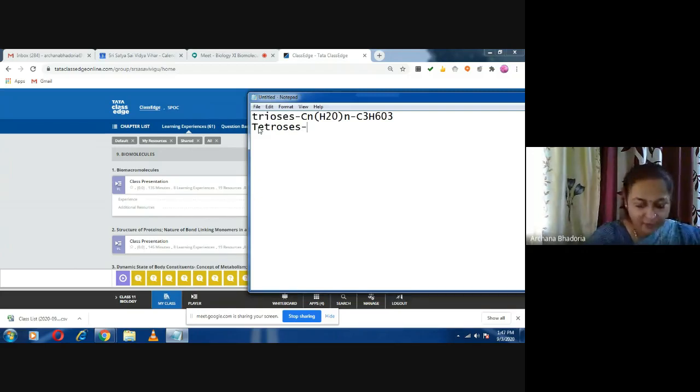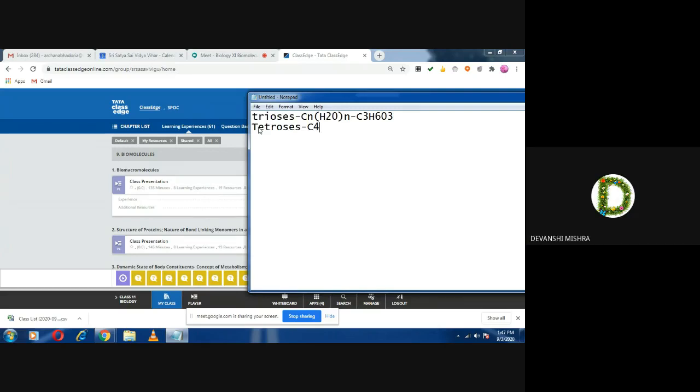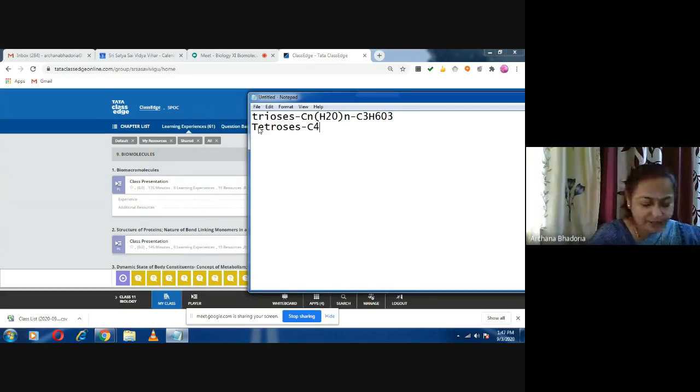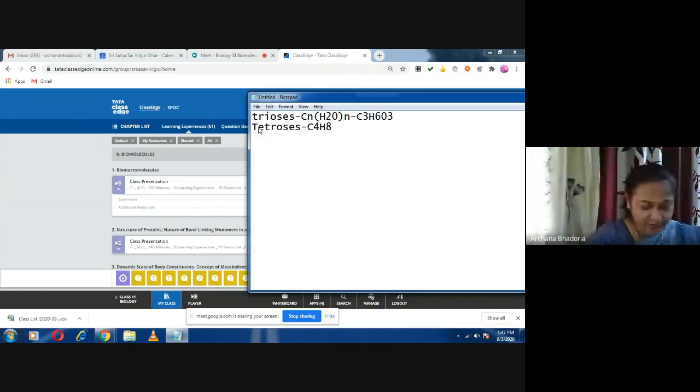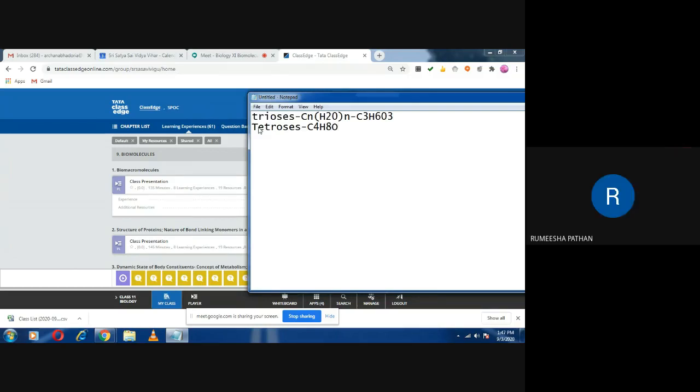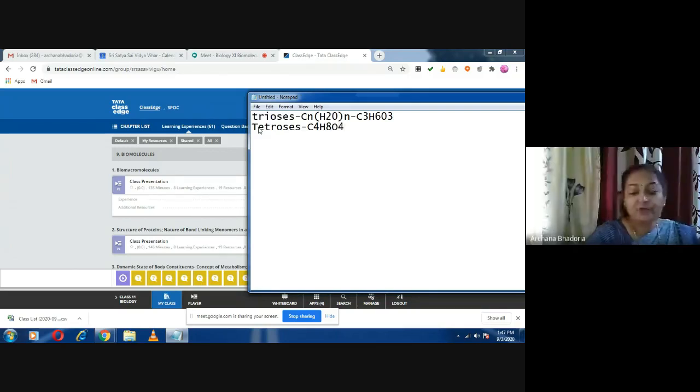Now, what will be the formula for the tetroses? Tetroses means how many carbon atoms? 4 carbon atoms. Okay, then how many hydrogen? 8. And then how many oxygen? 4. Okay, so just remember one formula of glucose, C6H12O6, and you can tell all of them.